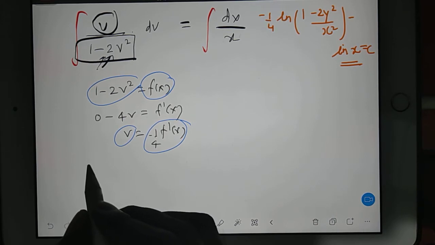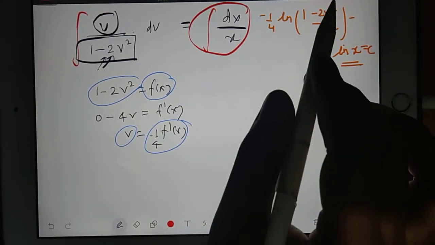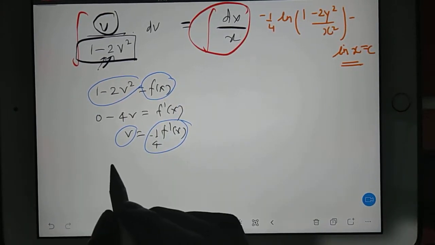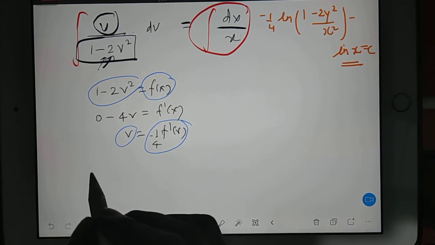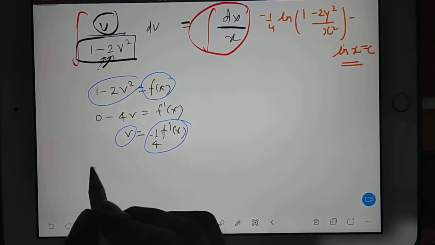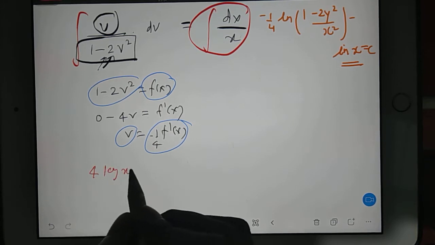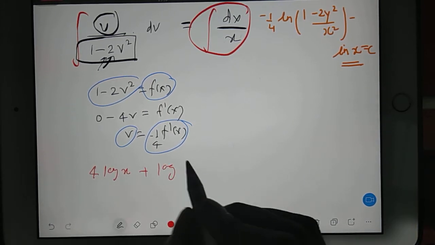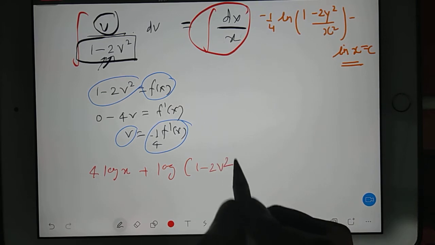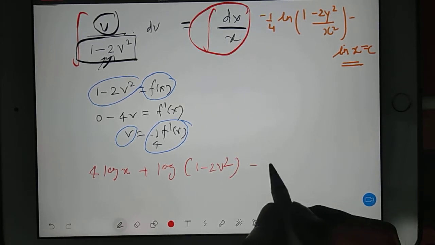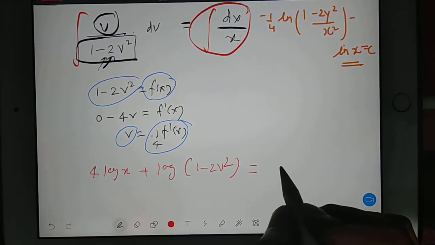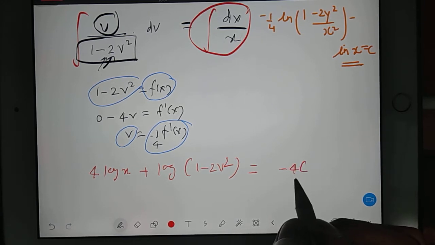And here already you got your log x. So the total answer when you solve will look like 4 log x plus log of 1 minus 2v square is equal to minus 4c.